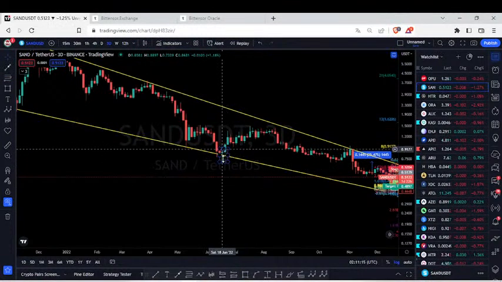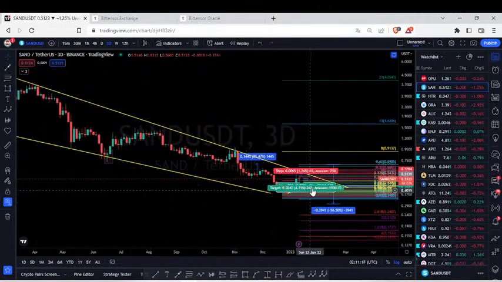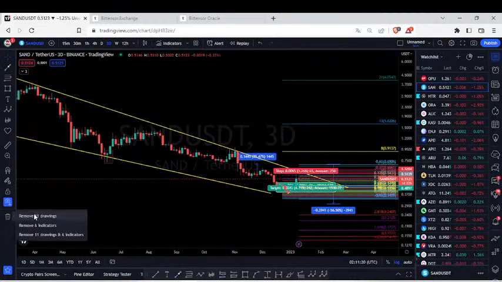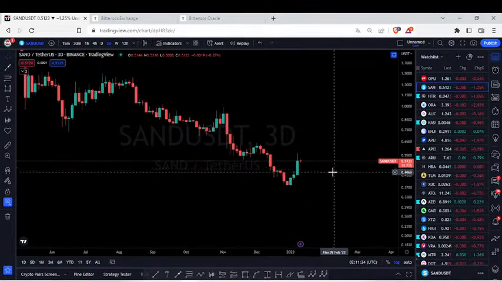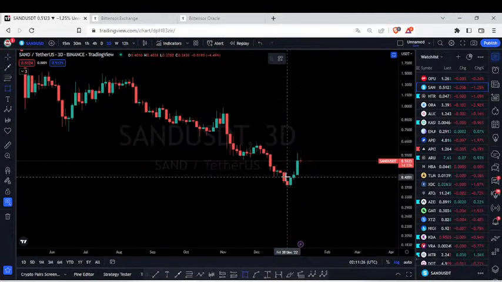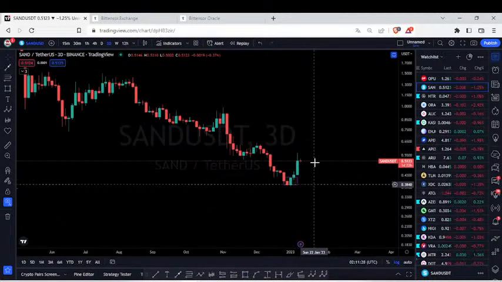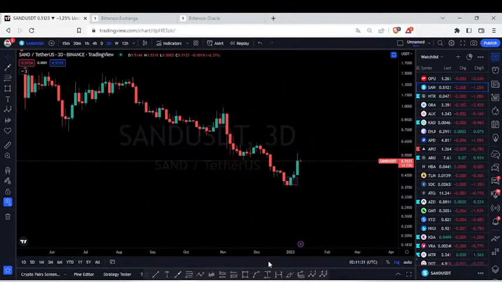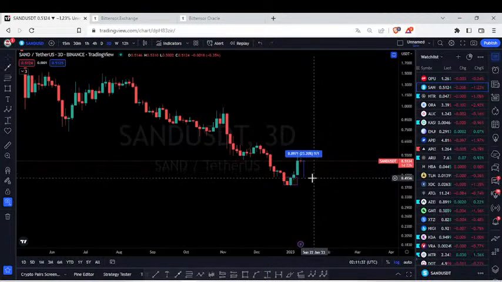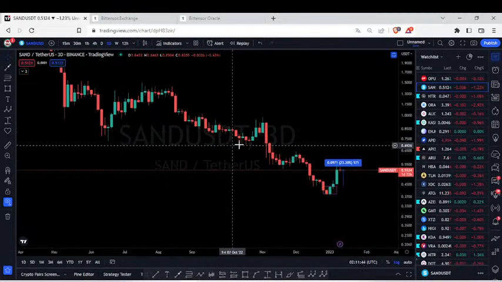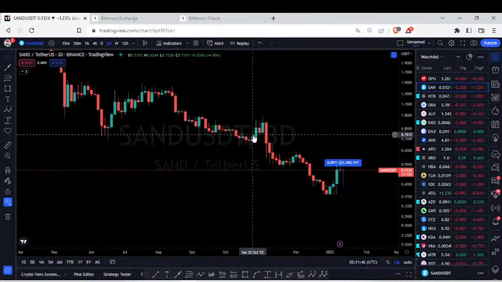See, let's delete all of this work. Okay, and that 3-day bullish engulfing candle. Look at the move it made. 20 to 30% moves, and these are secure moves as well. Okay, these are secure moves because look, it doesn't print a reversal candle on the 3-day unless the market is in good condition.